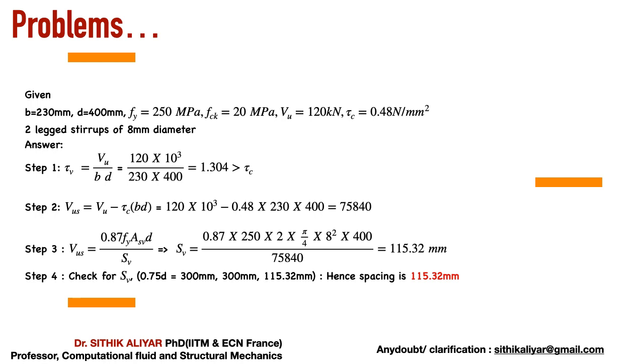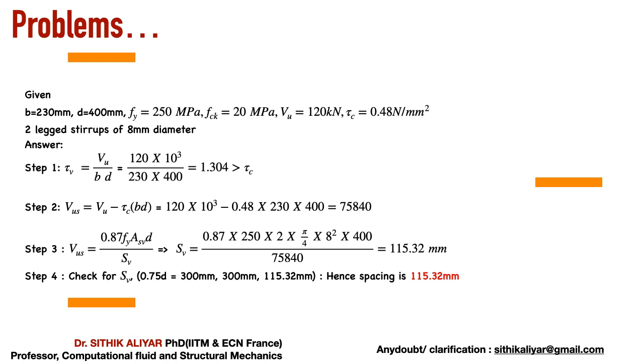So for the remaining force you should design the extra reinforcement. So this VUs is equal to VU minus tau c BD. You just subtract the forces, then you have to design for this, in Newton: 75840.